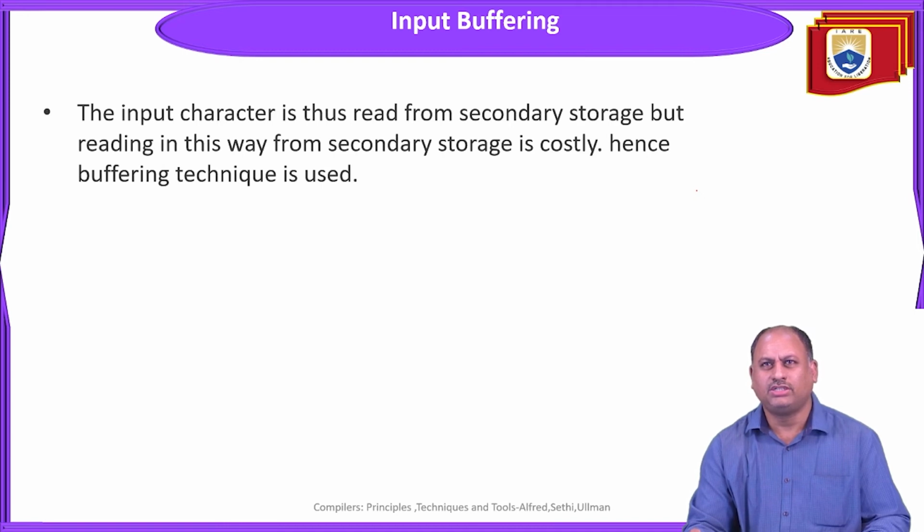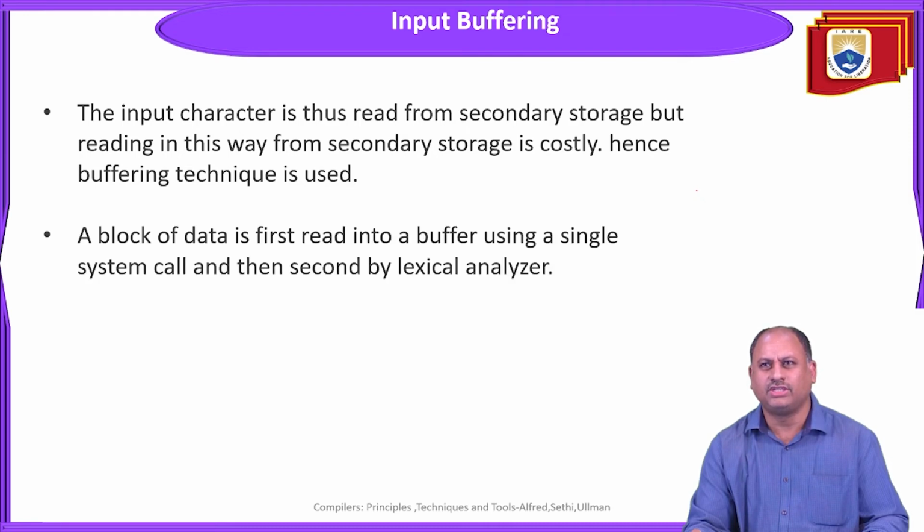Like that, the characters are read from the secondary storage. That is one of the main problems with input buffering: while reading the characters, it uses a procedure called a system call. It takes a long procedure, and reading every character and coding that is very difficult.